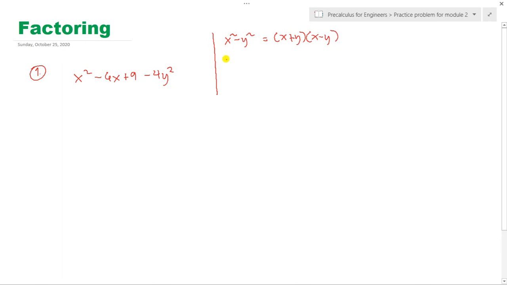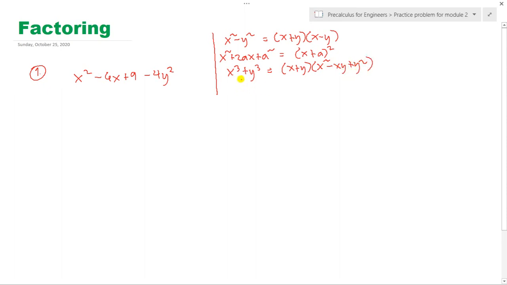Kapag yung ating expression ay ganito, x squared plus 2ax plus a squared, yung factor niya is x plus a squared, a perfect square trinomial. If it is in the form x cubed plus y cubed, therefore yung factor niya is x plus y times x squared minus xy plus y squared.